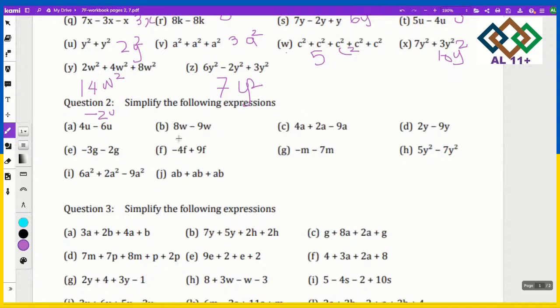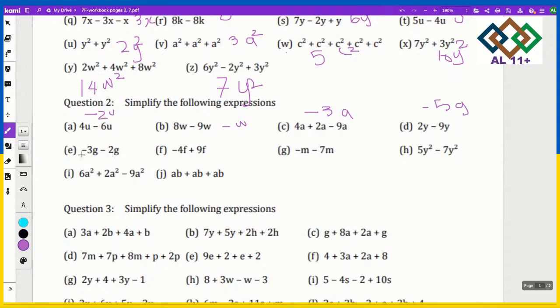It's 2w minus 9w. We'll take the sign of 9. That will be minus w. You won't write 1w, you'll just write minus w. And the C1 would be minus 3a because we have taken the sign of 9. D would be minus 5g. Again, we have taken the sign of minus. And in algebra, when you have minus and minus, that becomes plus.